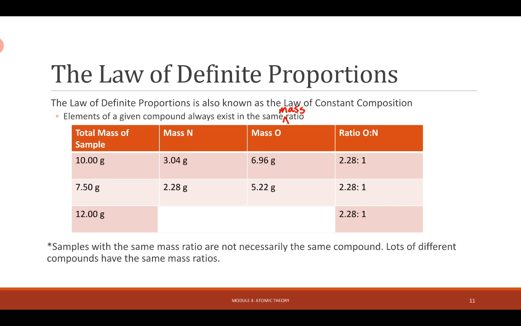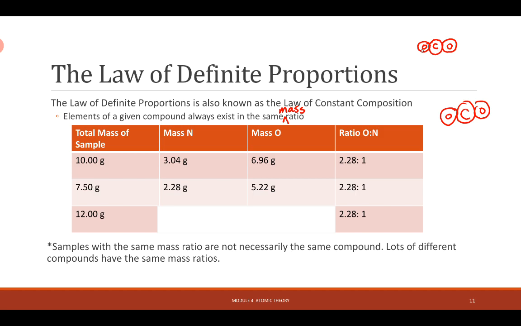So again, they don't really understand too much about chemical formulas yet, but he's saying that if I went somewhere and collected carbon dioxide gas from one place, and then went somewhere else on the planet and also collected samples of carbon dioxide gas, then they would have the same mass composition.